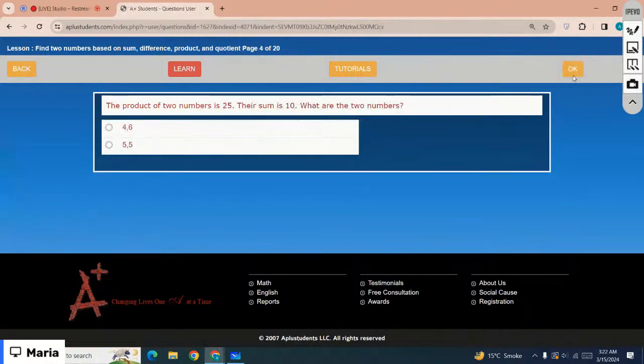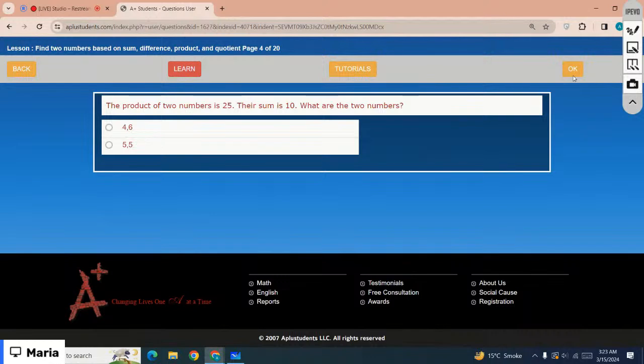The product of two numbers is 25. Yes, the correct option is 5 and 5.